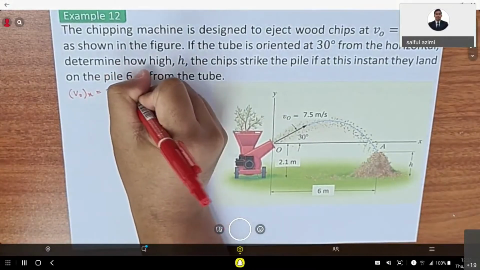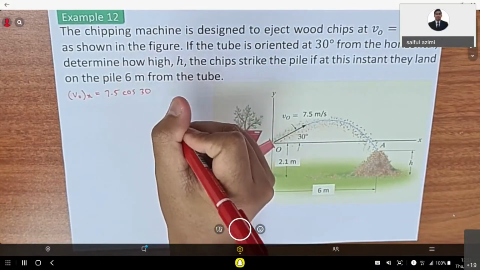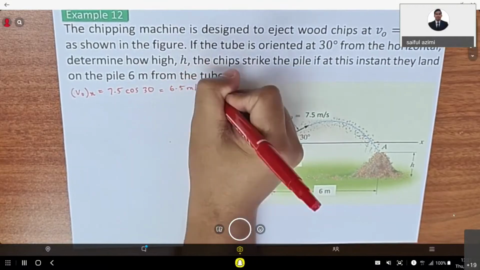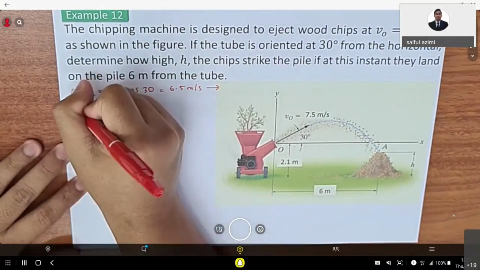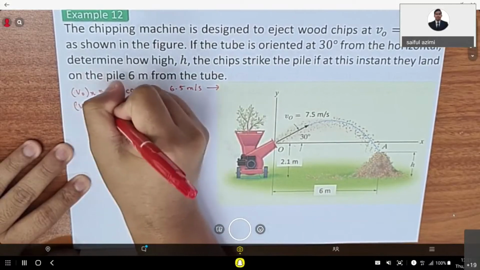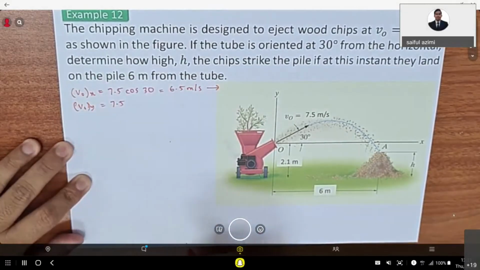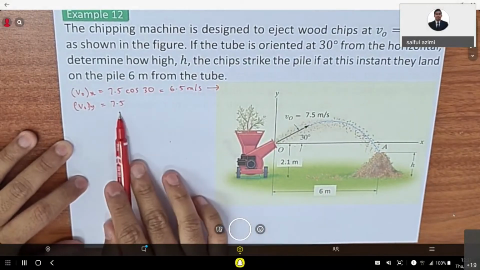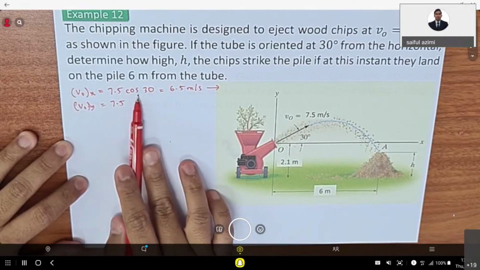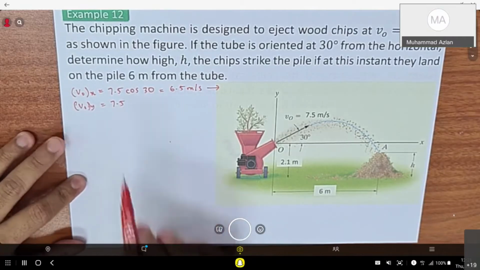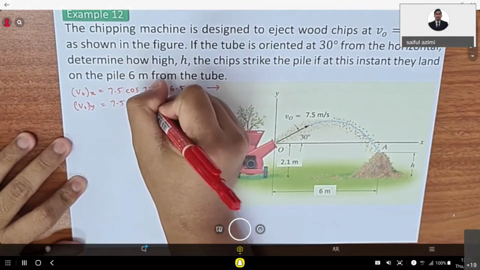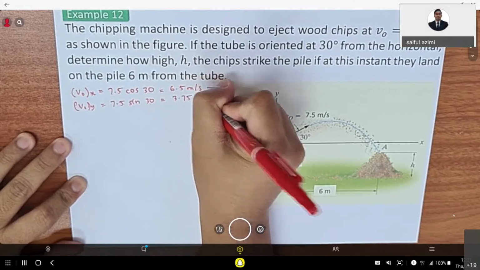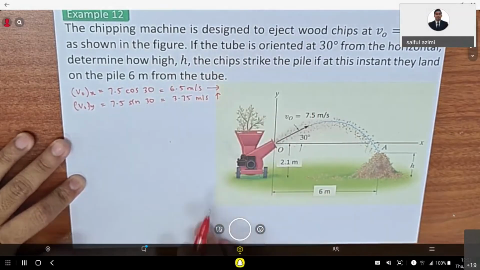We get 6.5 meters per second. Next we have V0y equals 7.5 sine 30, which equals 3.75 meters per second, upwards because it is positive.